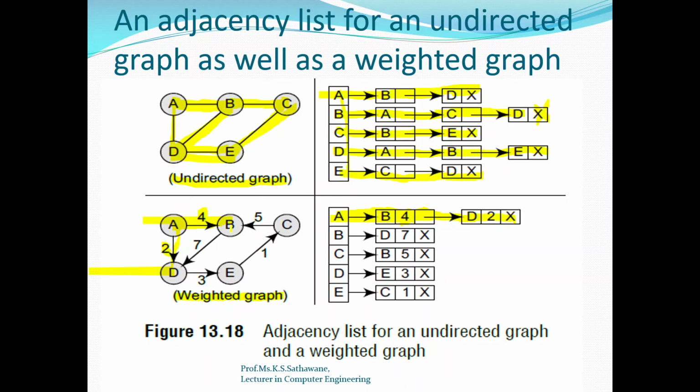Similarly, the adjacent node of B is D with weight 7. So the adjacency list of B will have D with weight 7. Likewise for the other nodes. I hope you have understood the adjacency list for an undirected graph as well as a weighted graph.